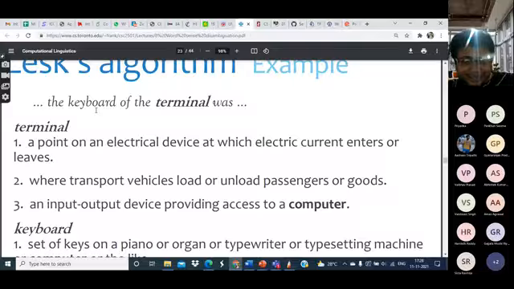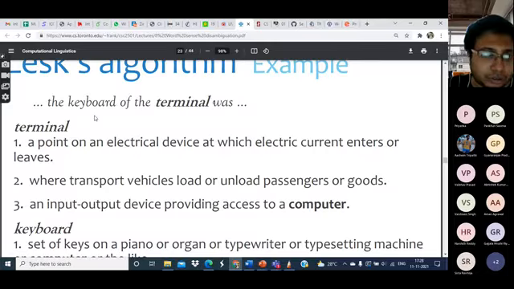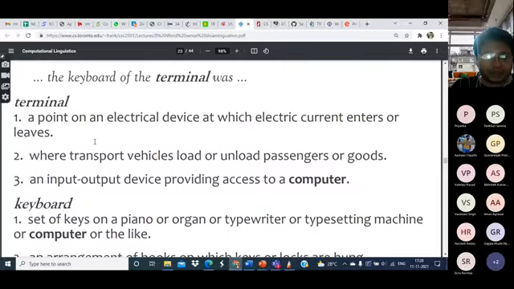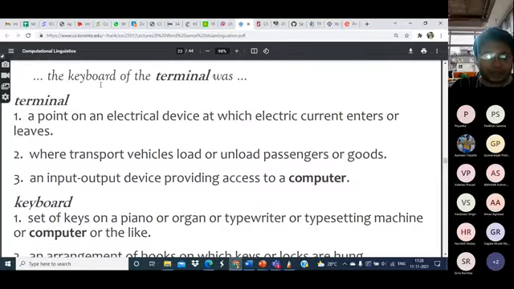So we are considering the WordNet definition of keyboard, and also the WordNet definition of terminal, and then we are seeing which sense of terminal, the target word, has an overlap or intersection with which sense, or definition, of the word keyboard.